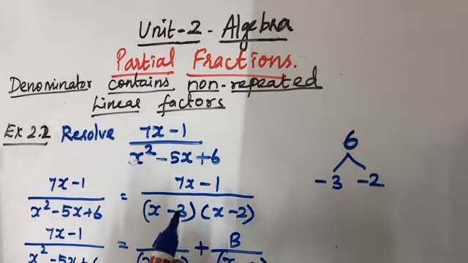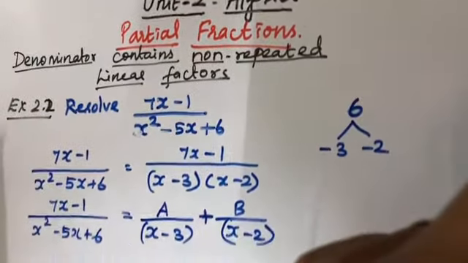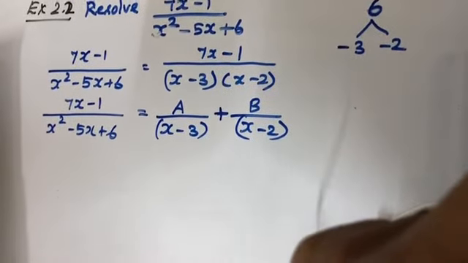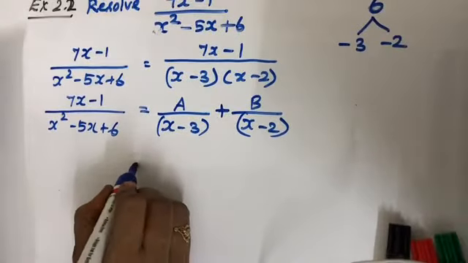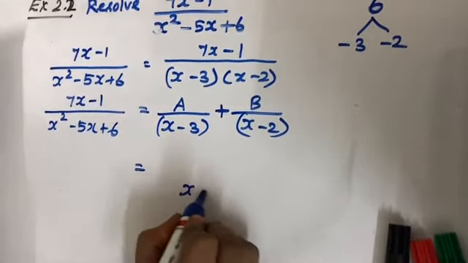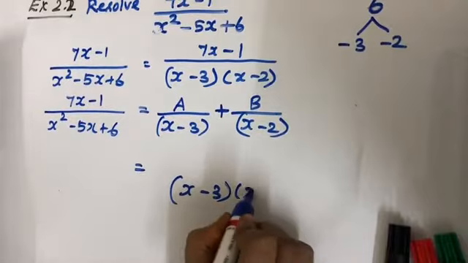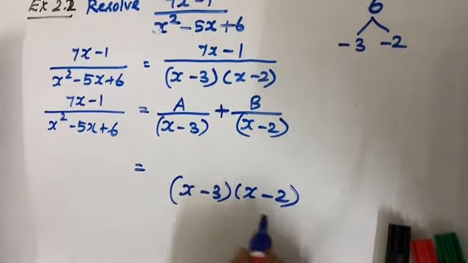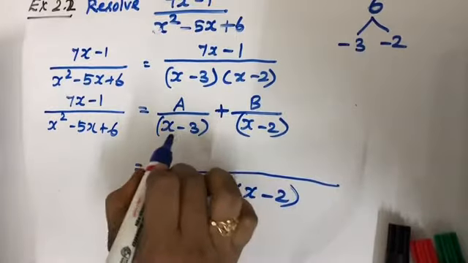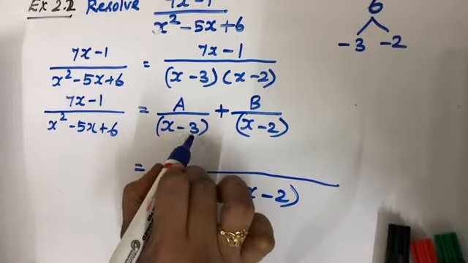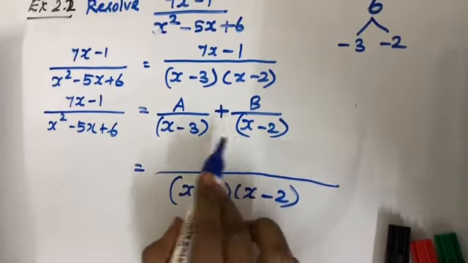We can write either factor first, any factor. Now we will take the LCM. So x minus 3 into x minus 2. If you take the LCM for these two factors, x minus 3 is already there, so we have to multiply it with x minus 2.